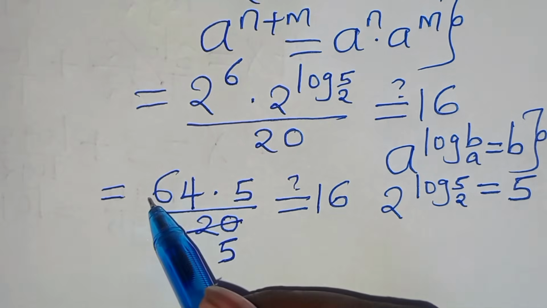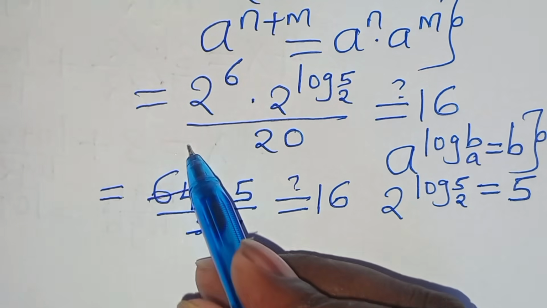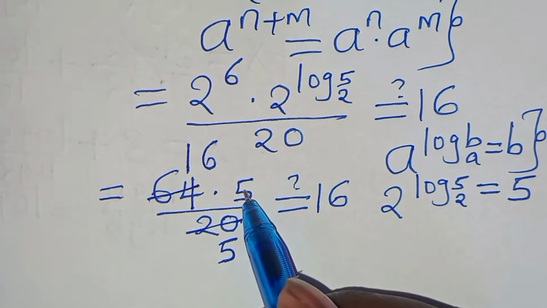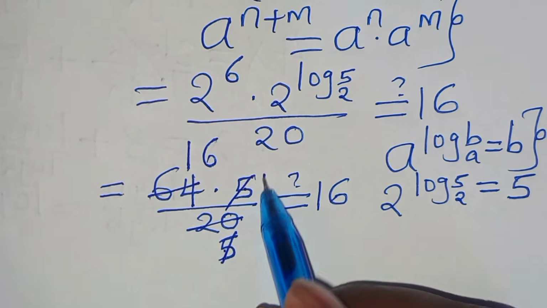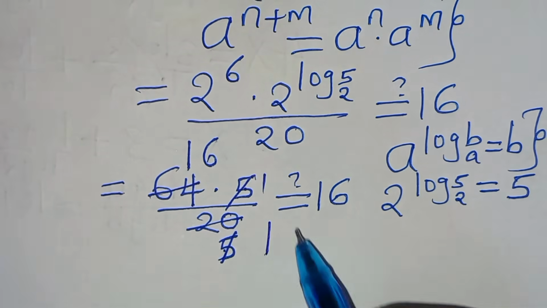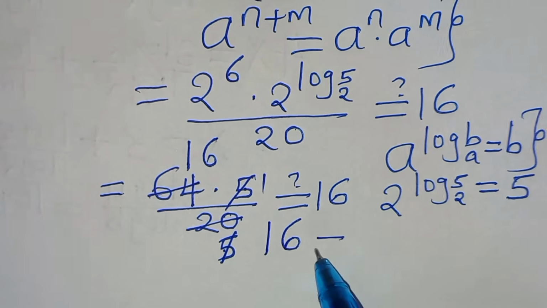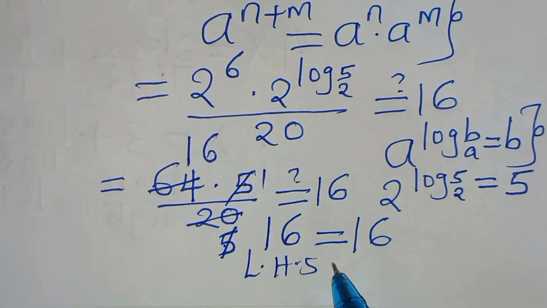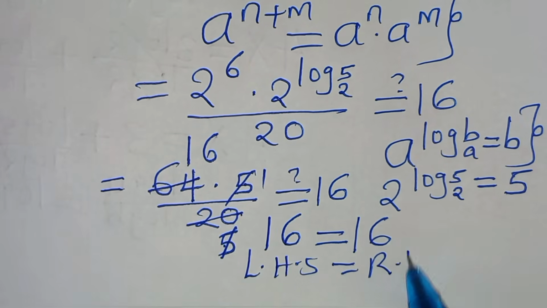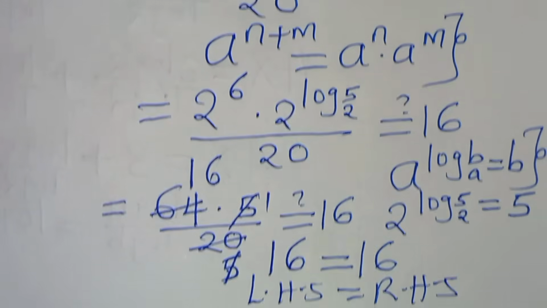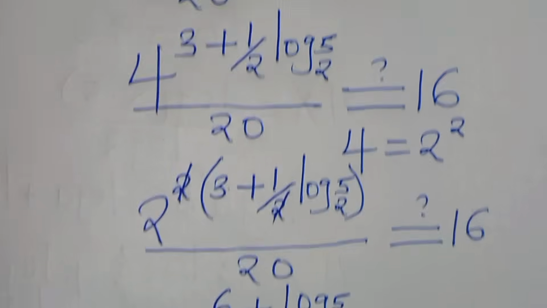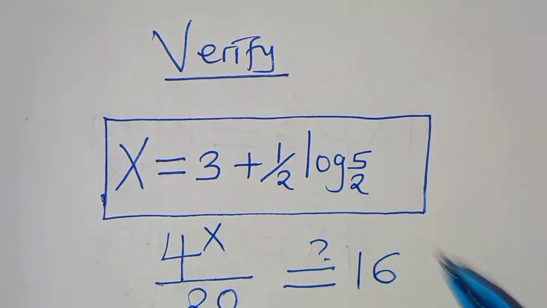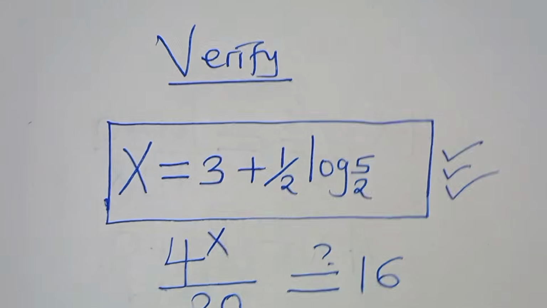Then we have 64 divided by 4, which is equal to 16. And then we have 5 divided by 5, which is equal to 1. So we have on the left hand side 16, and this is equal to 16. So the left hand side is equal to the right hand side. And this affirms that the value of x here, which is equal to 3 plus a half log 5 to base 2, actually satisfies the equation.